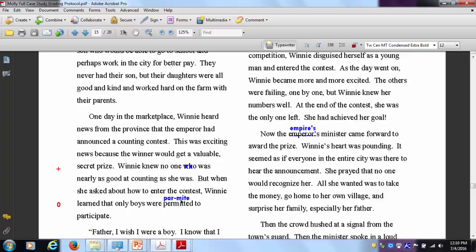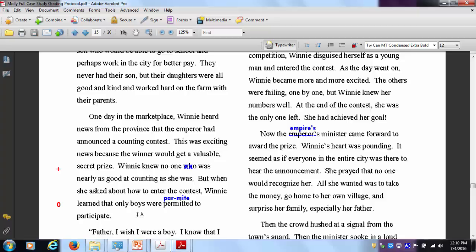Here we have the text saying only boys were permitted to participate. And what does she substitute? Parmite. I'm putting a 0 here, but it's a very big concern because she is using a non-word here. All right? That's not a good sign.